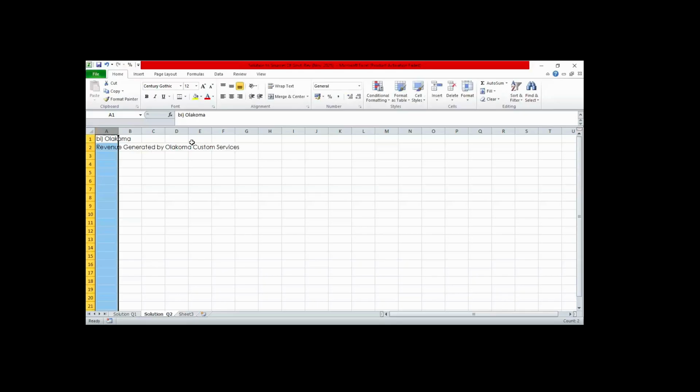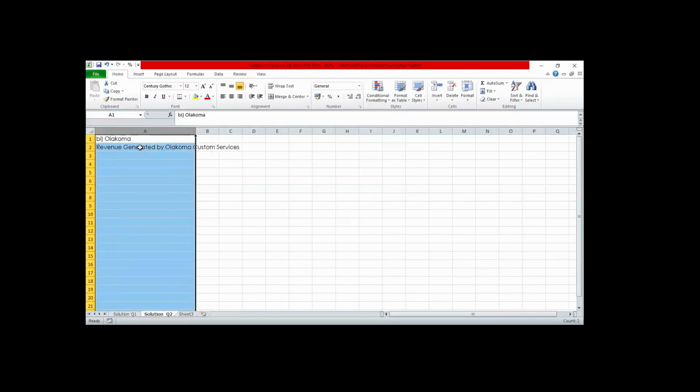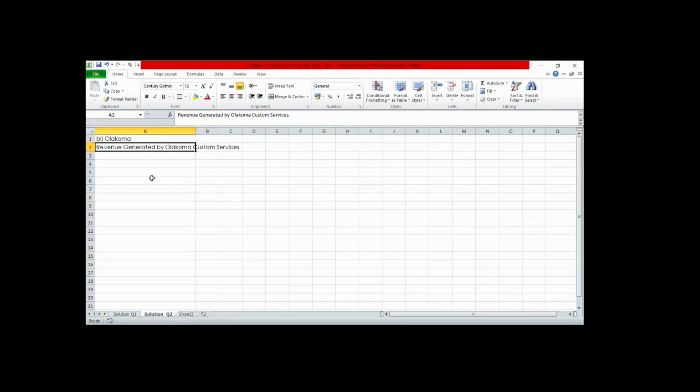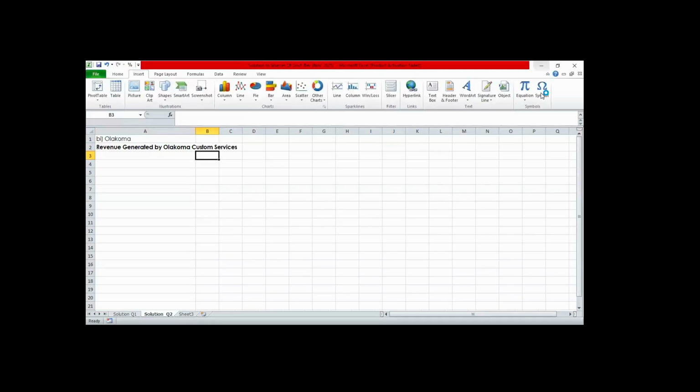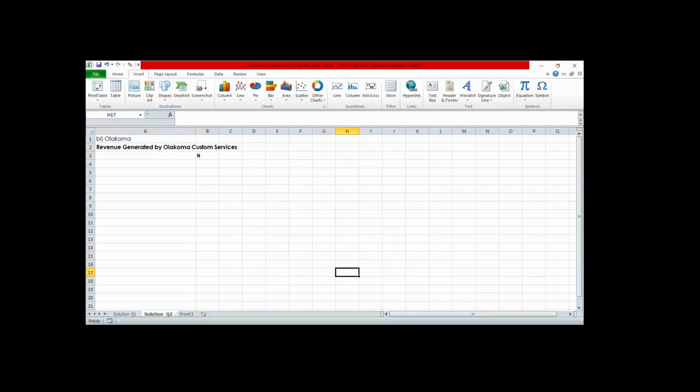What are the revenue generated by the custom? Look at the question. We have import duties. This is in million. Do you notice that? Yes, sir. They are depicted in millions.